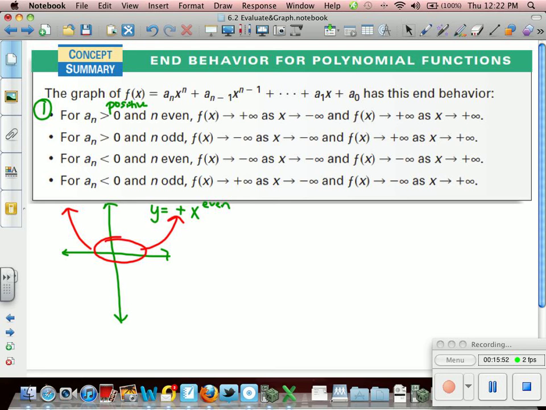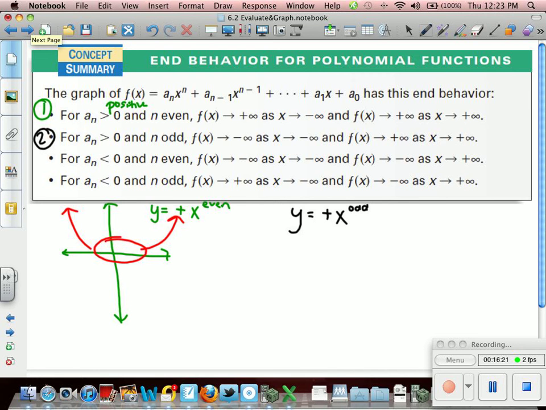So if I look at the second one, when a of n is greater than 0, so again I'm looking at when it's positive, I've got y equals a positive number, but x is raised to an odd exponent. So a positive number but an odd exponent. It tells me that as my x's go to negative infinity, my y's go to negative infinity.